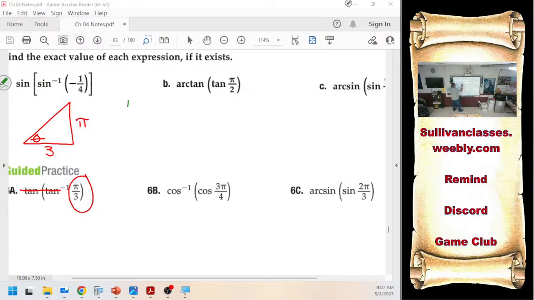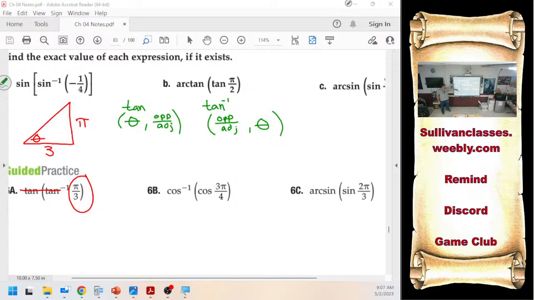Regular tangent has an input of angle, an output of ratio. So arctangent has an input of ratio, an output of angle.